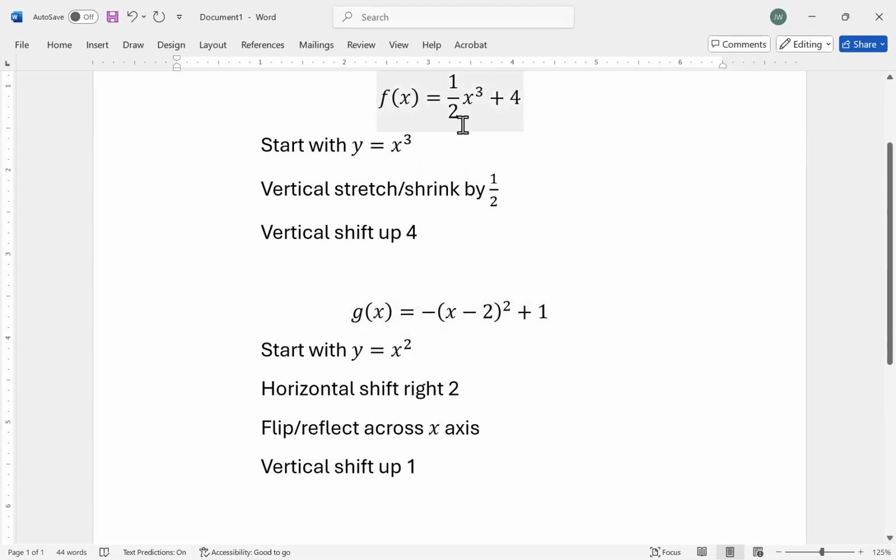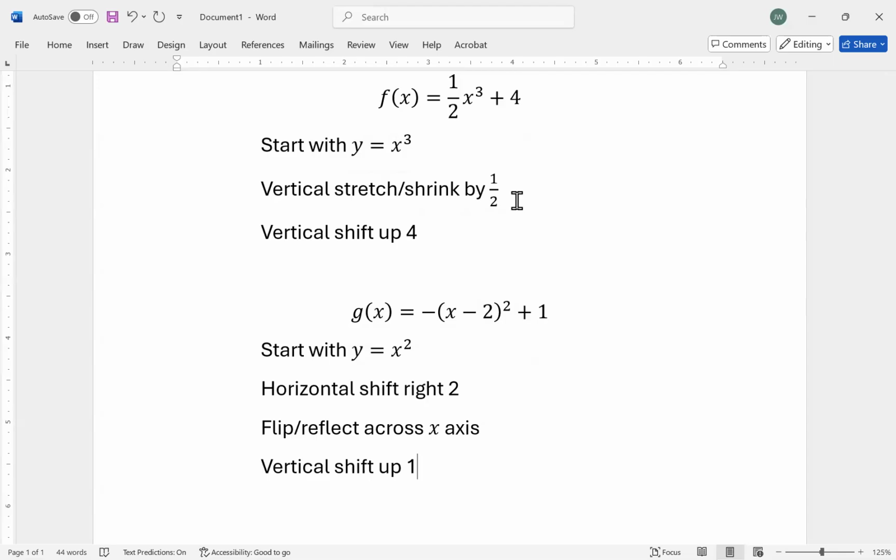So if I know what my base function looks like, and we know what the base function of y equals x to the third looks like, then I would know exactly how to graph these. I could start with y equals x to the third, and then vertically stretch it by a factor of 1/2, or vertically shrink it by a factor of 1/2.